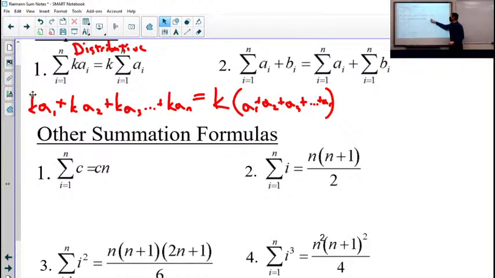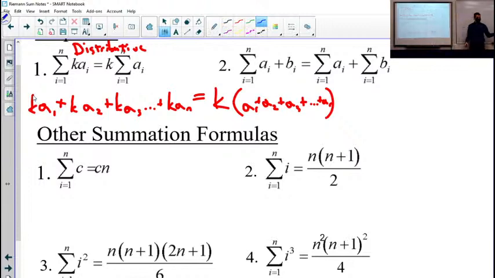Right. This one, and you can write it out to convince yourself, this is a fancy way of talking about the commutative property. Saying that we can add in any order.